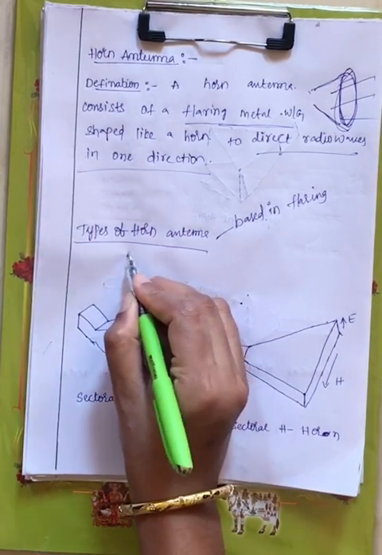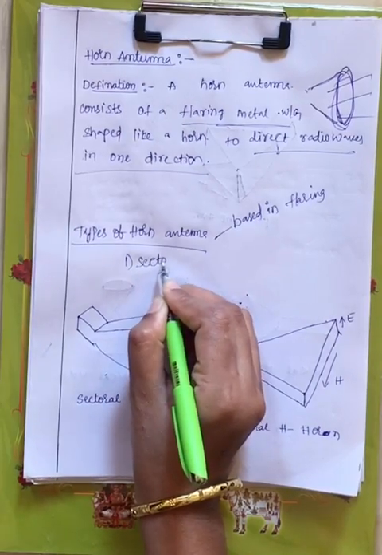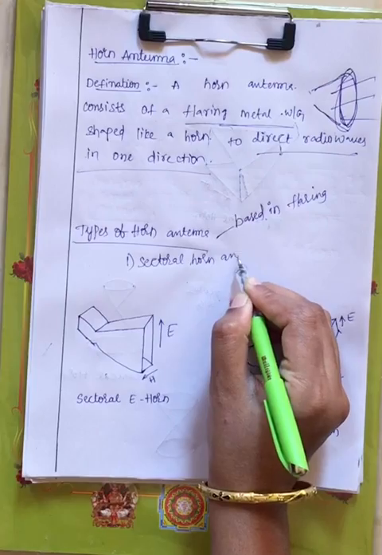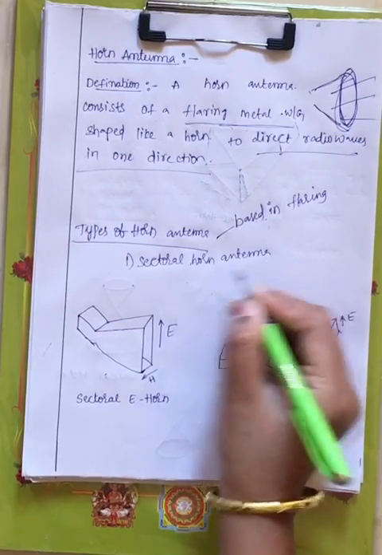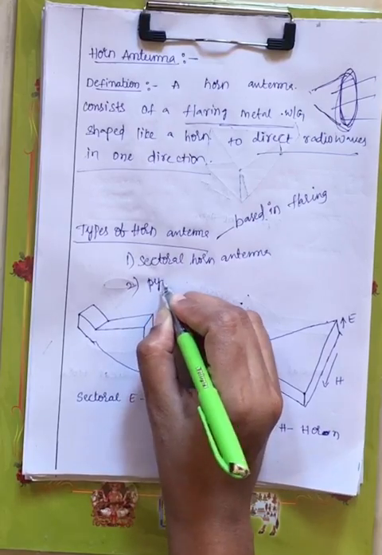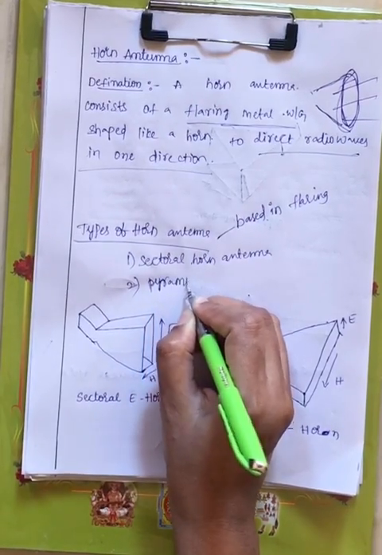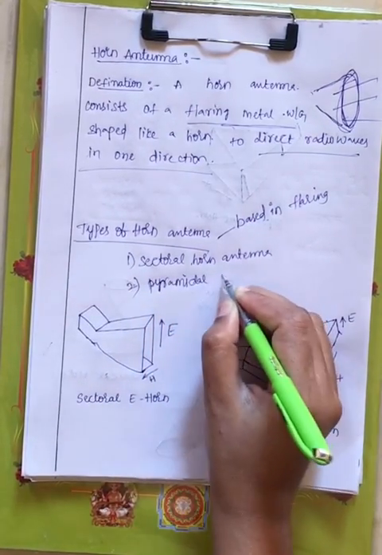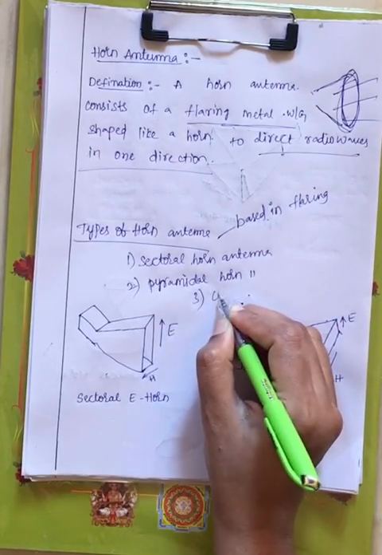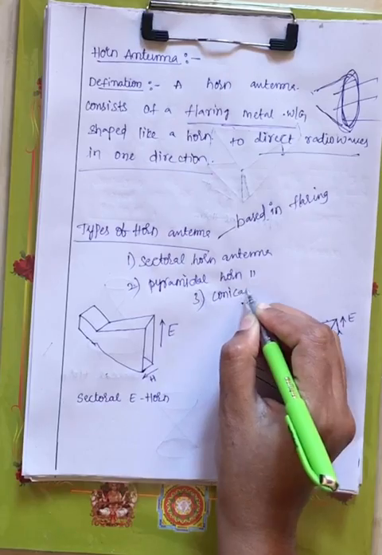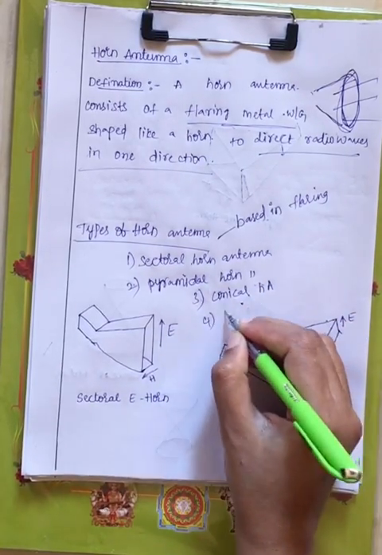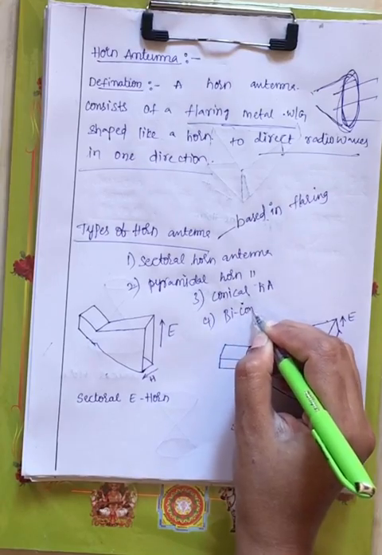One is the sectorial horn antenna. The second one is the pyramidal horn antenna. The third one is the conical horn antenna. And the fourth one is the biconical horn antenna.